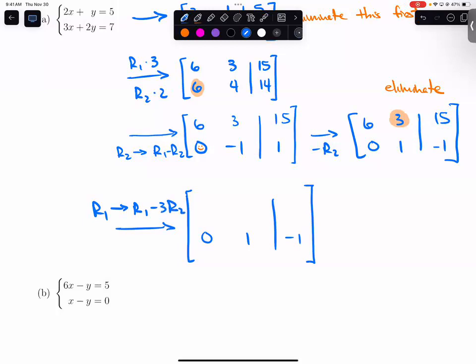And just for the sake of time, I'm going to go ahead and do it. So 6 minus 0, 3 minus 3. Again, that's the thing I wanted. And then 15 minus -3, so 15 plus 3.